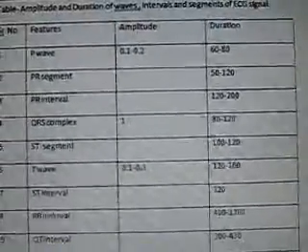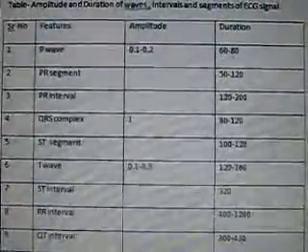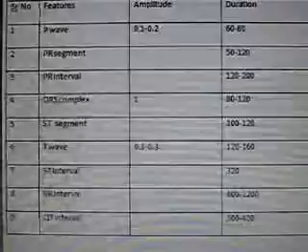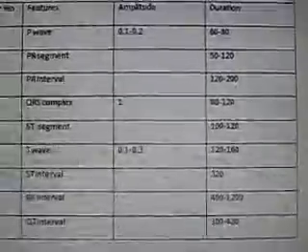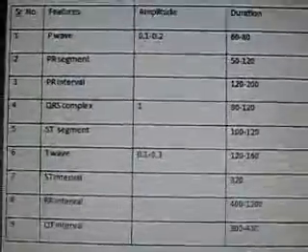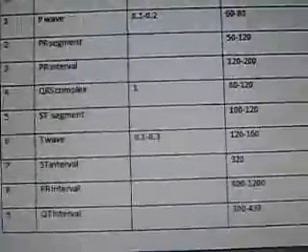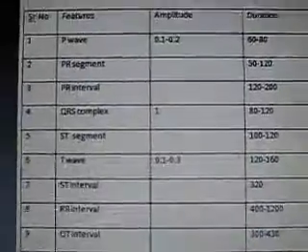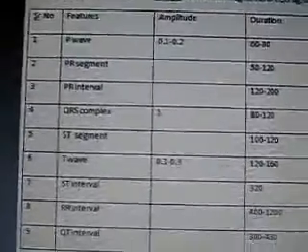These are the time durations of the P wave, PR segment, PR interval, QRS complex, ST segment, T wave, ST interval, RR interval, and QT interval of a normal patient. So by comparing the values of the abnormal patients with the normal patient, we can detect the diseases.